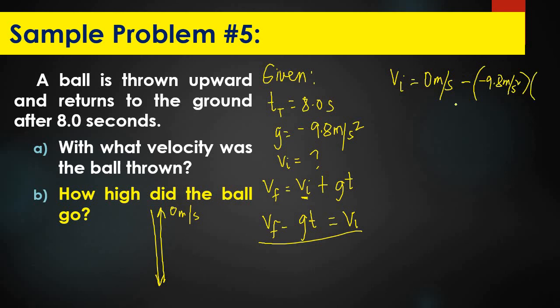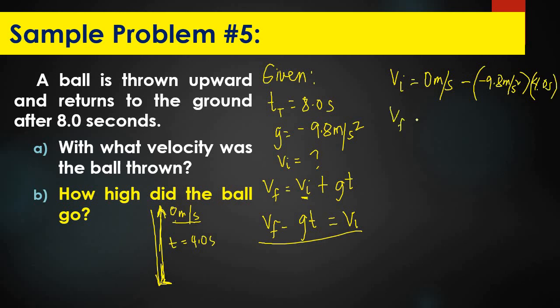Anong time ang gagamitin natin? 4 seconds. Bakit 4 seconds? Because that is the half of a... Kasi bumalik, sir. That's the time taken by the ball to reach the peak to have a velocity of 0 meter per second. So 4.0 seconds.